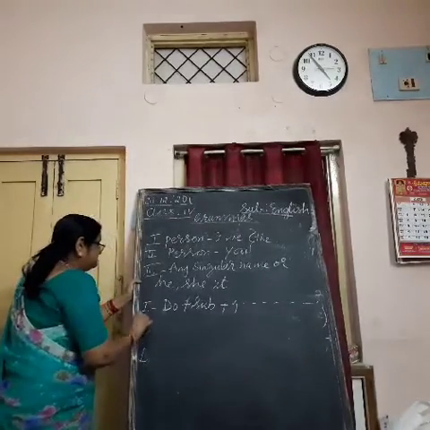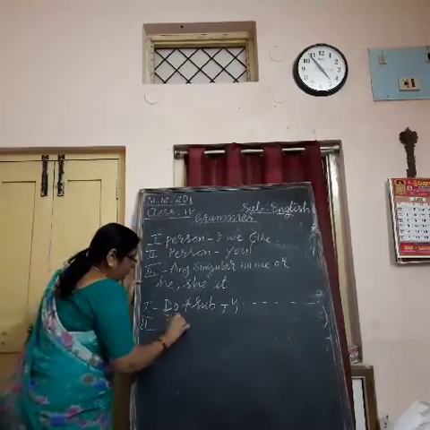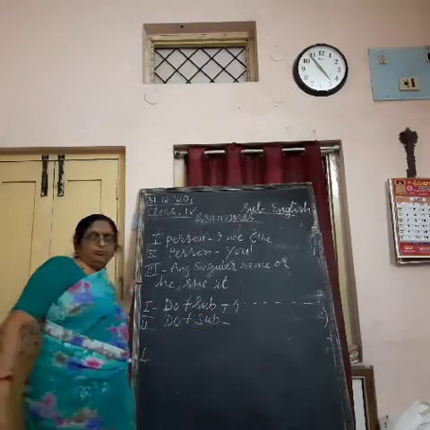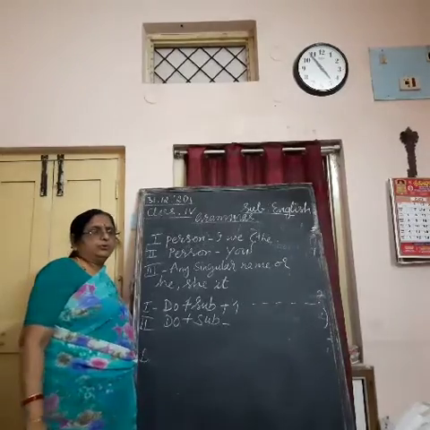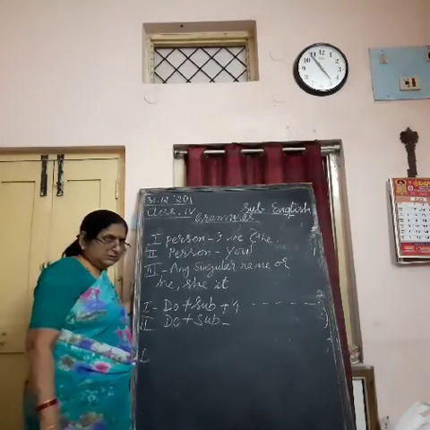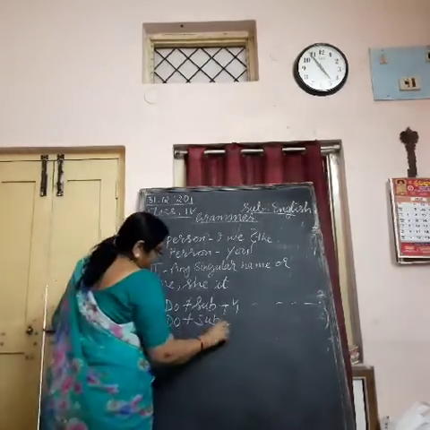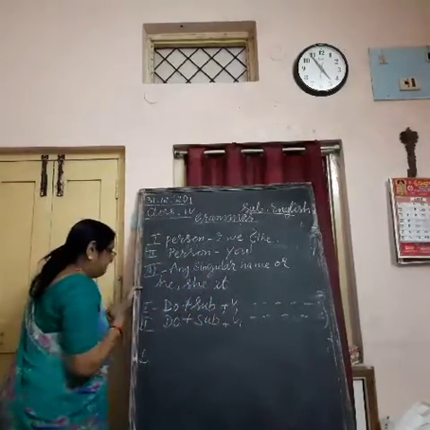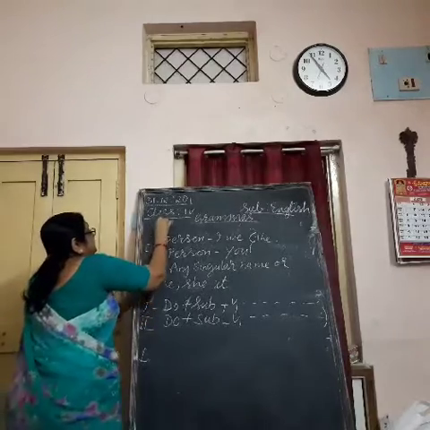Then second person also do plus subject. You do you like, do you want, like that. And V1 and complete sentence. And it is only in present tense form, children.